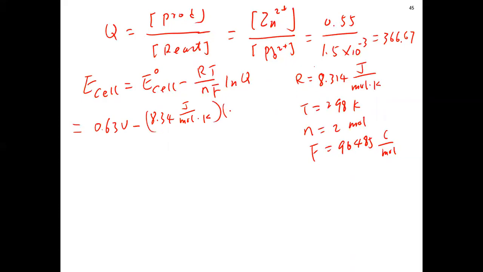Then T is 298 kelvins, n is 2 moles of electrons, then Faraday 96485 coulombs per mole.